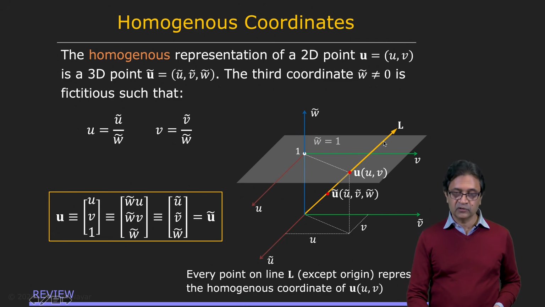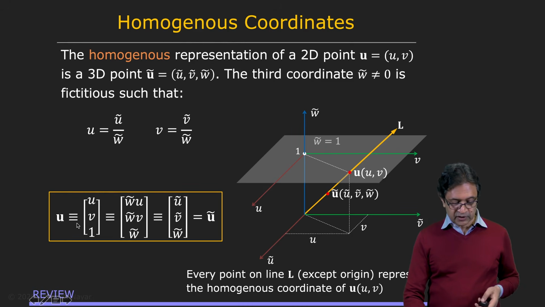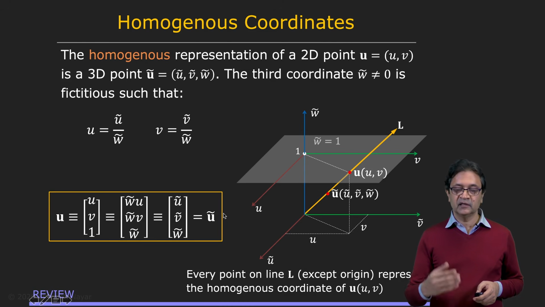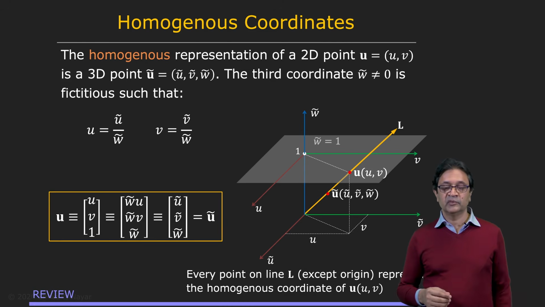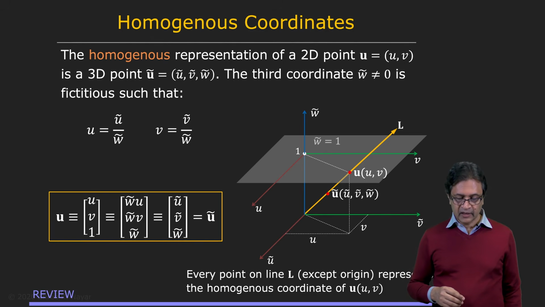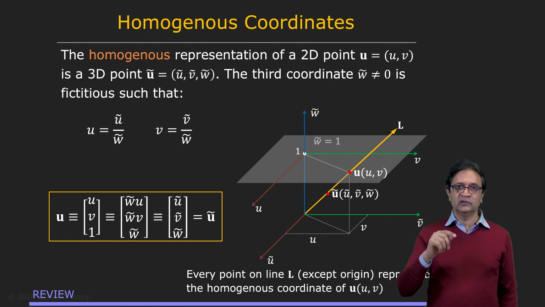You give me any point on this line L, and I can find from that the point U. So U can be expressed in homogeneous coordinates as UV1, and that's equivalent to the same multiplied by any constant W tilde not equal to 0, and that gives you U tilde. So U is equivalent to U tilde. You can give me any one of these, I can give you the UV parameters or the pixel coordinates. So that's going from 2D to 3D.